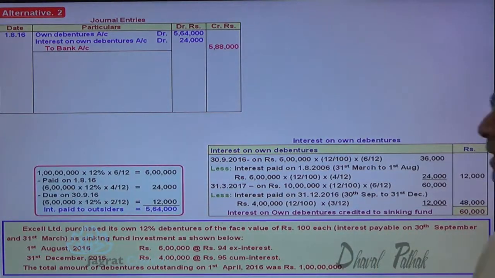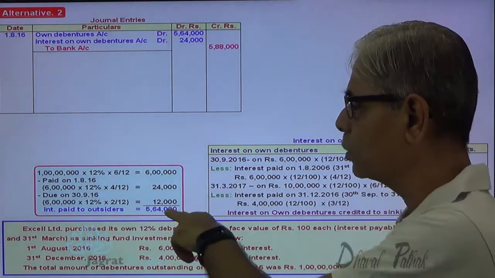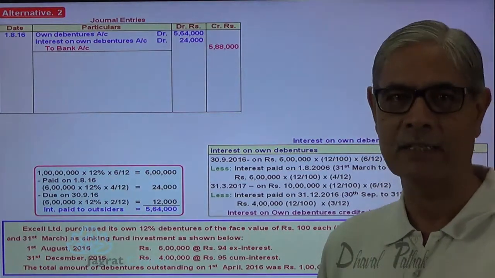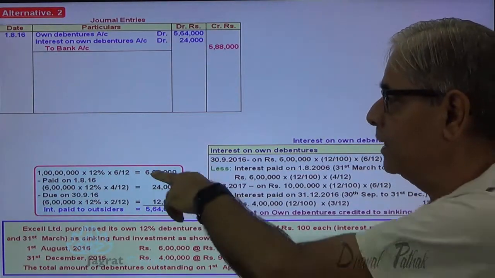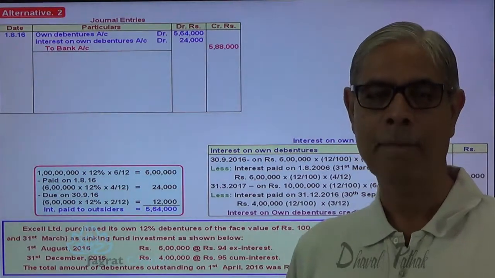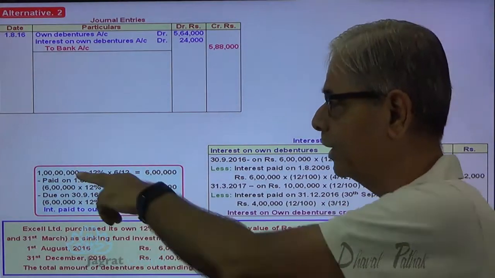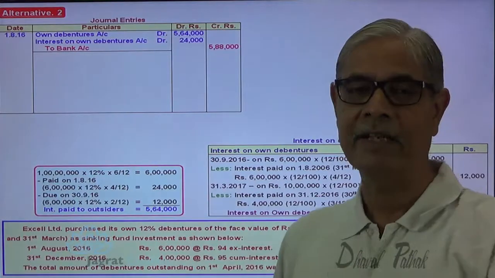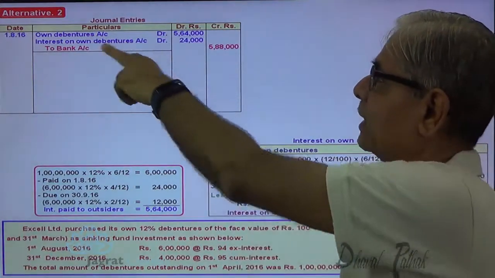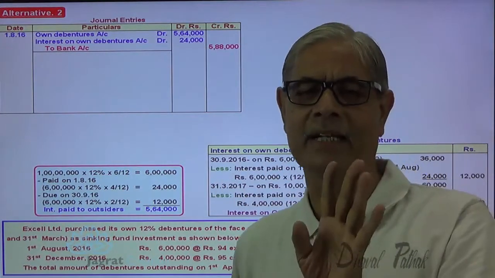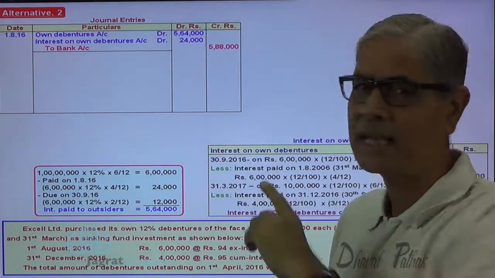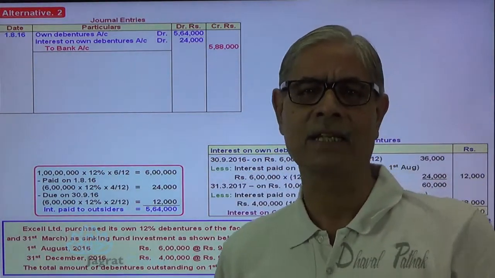Now on the interest date, this is how the interest is paid. Total amount of interest to be paid to outsiders is 5,64,000. 6 lakhs is the total debenture interest. Now in this second alternative, the total debenture interest 6 lakhs will be debited because at the time of purchase I have not debited debenture interest account. At the time of purchase I have debited interest on own debentures account. That's an important point.